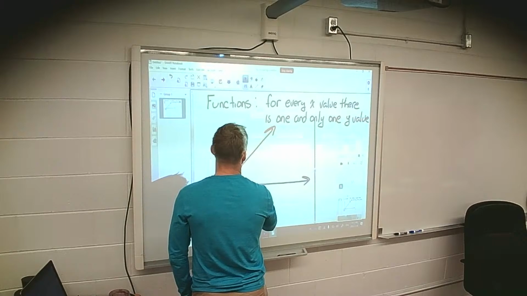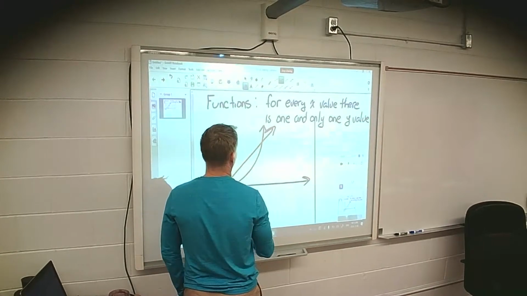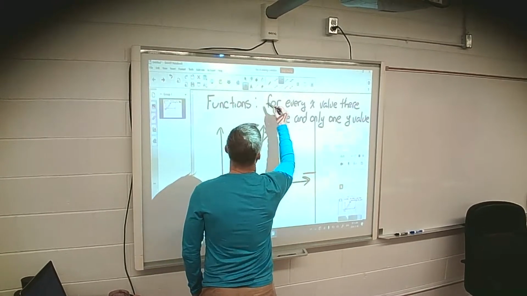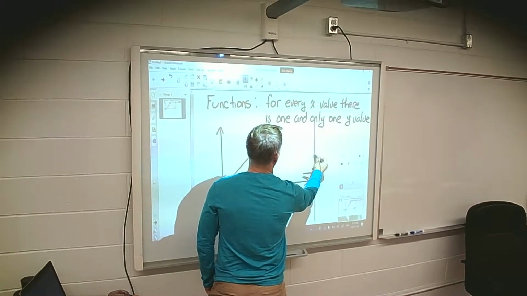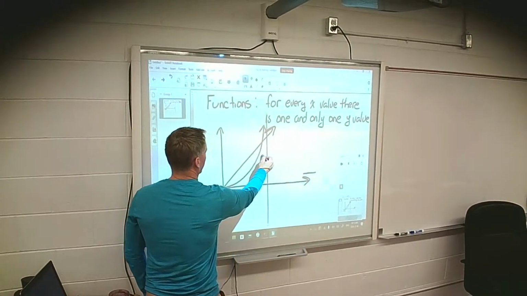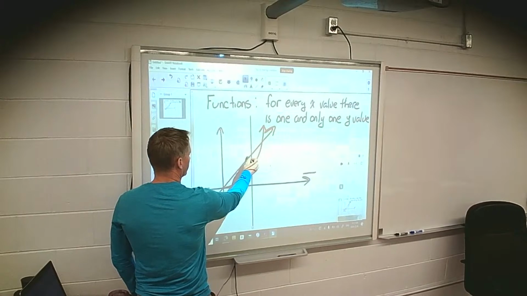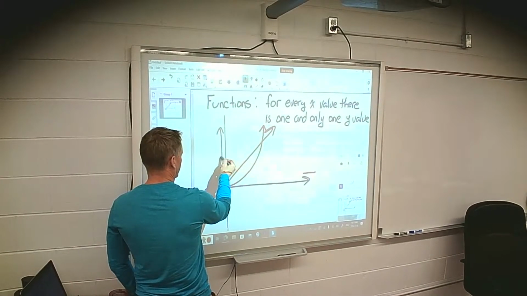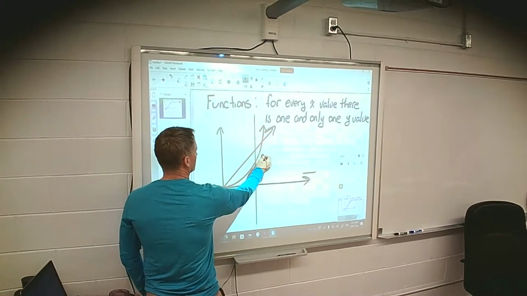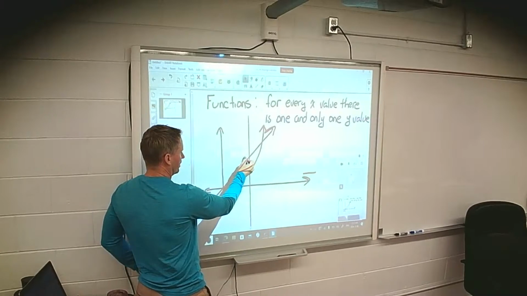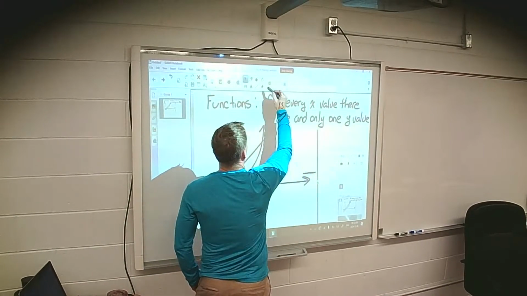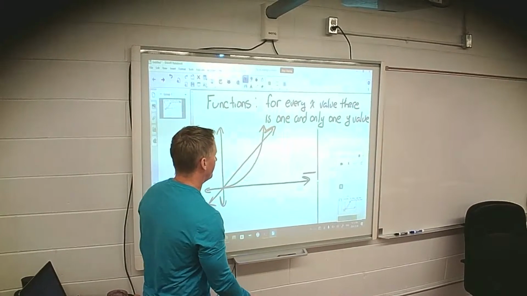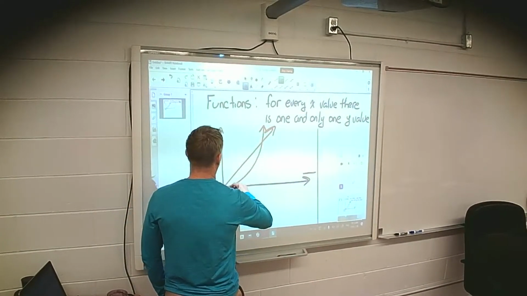Another example of a function is this one, because again, when I take this line, it only hits one spot on the curved line. Now, I'm going to show you an example that is not a function.